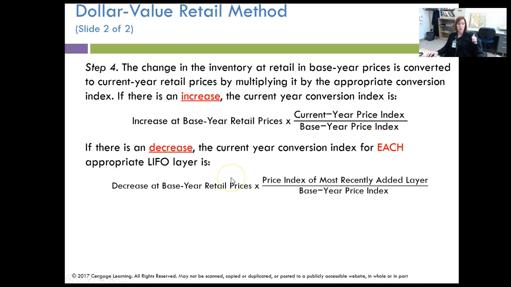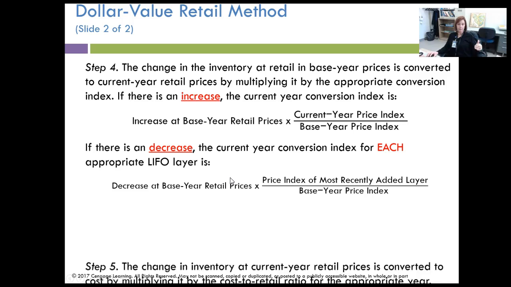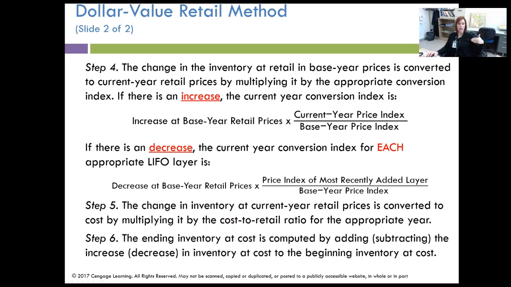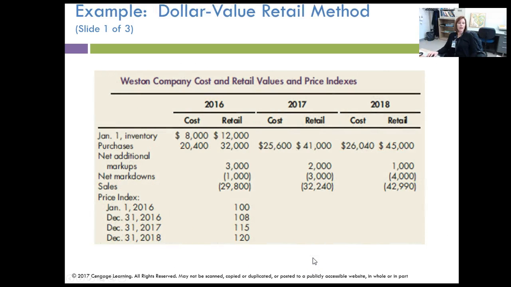Decrease, you've got to do it for each layer. And so the change in the inventory at the current year retail prices gets converted to cost by multiplying it by the cost to retail ratio for the appropriate year. And then you can calculate your ending inventory at cost by either adding or subtracting to the beginning inventory. So what does that all mean?